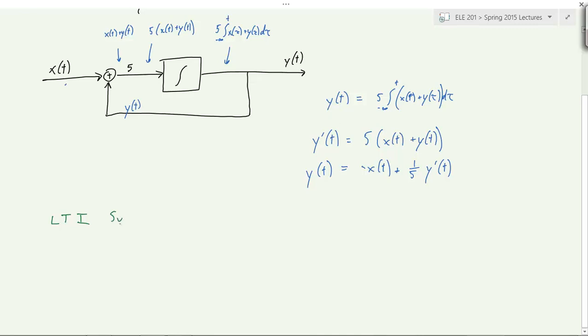And since it's an LTI system, it's completely characterized by the impulse response. In other words, all we really need to know about this system is its impulse response, h of t, because we know that this is just doing a convolution of h of t with whatever input we gave. That fully describes the system.